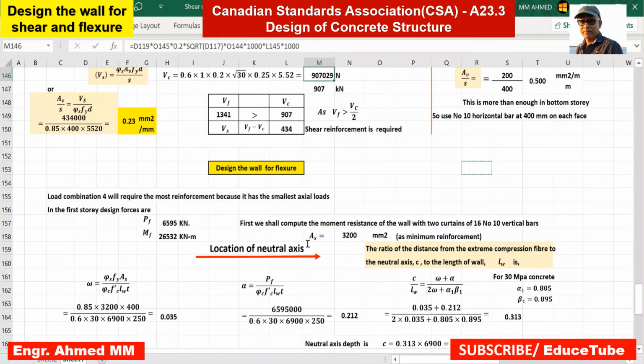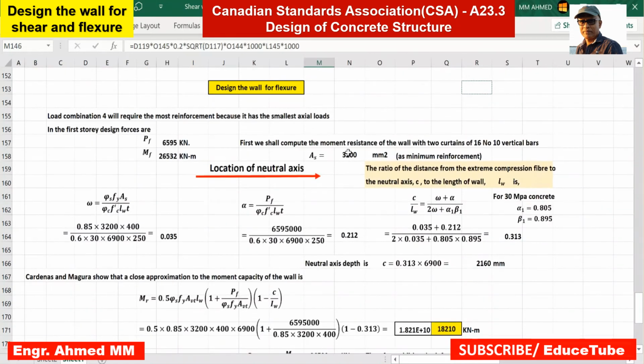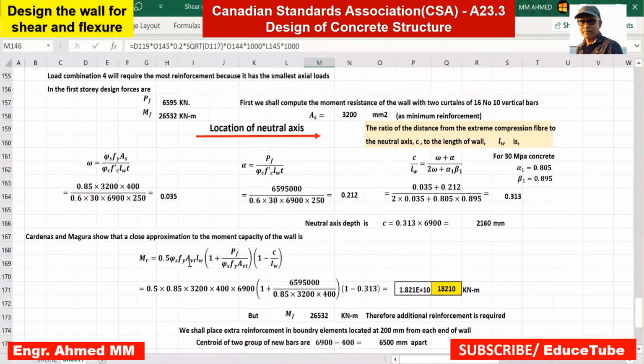Area is 3200. We have to use it here. Look at, already it is here, 3200. Also, we have to bring this PF also here, and C by LW. This ratio also we have to use. It is here. So putting all these parameters, value for all these parameters, we get this.